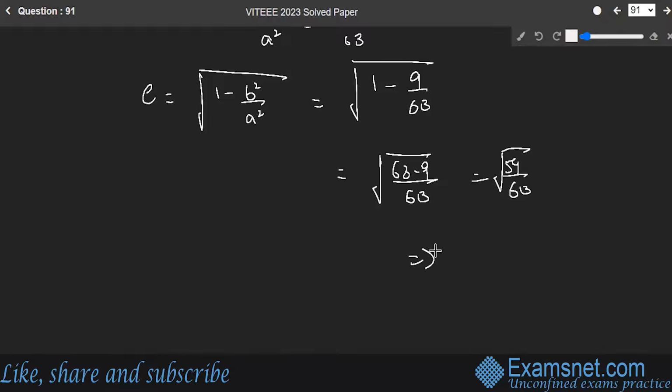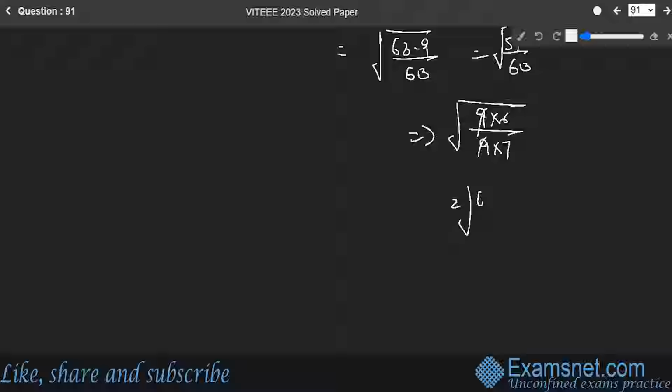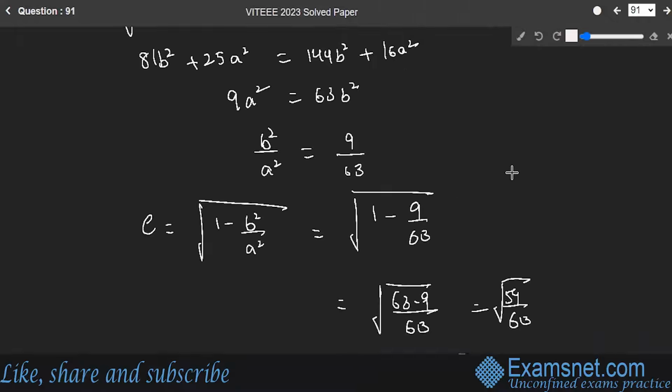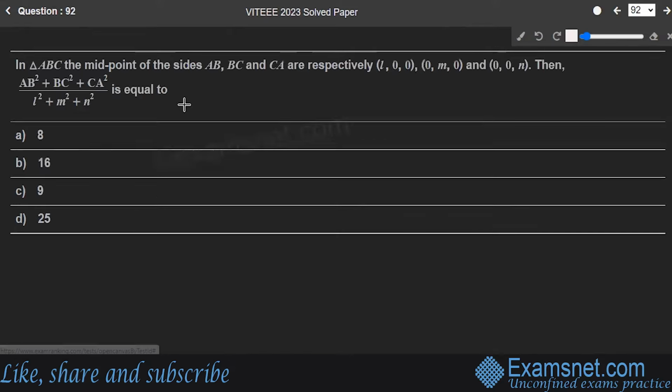Let's say this is 9 into 6 and 9 into 7. That is 6 upon 7 under the root. So this is the answer to the question, root of 6 upon 7, option D. Hope you understood this. Next is question number 92.